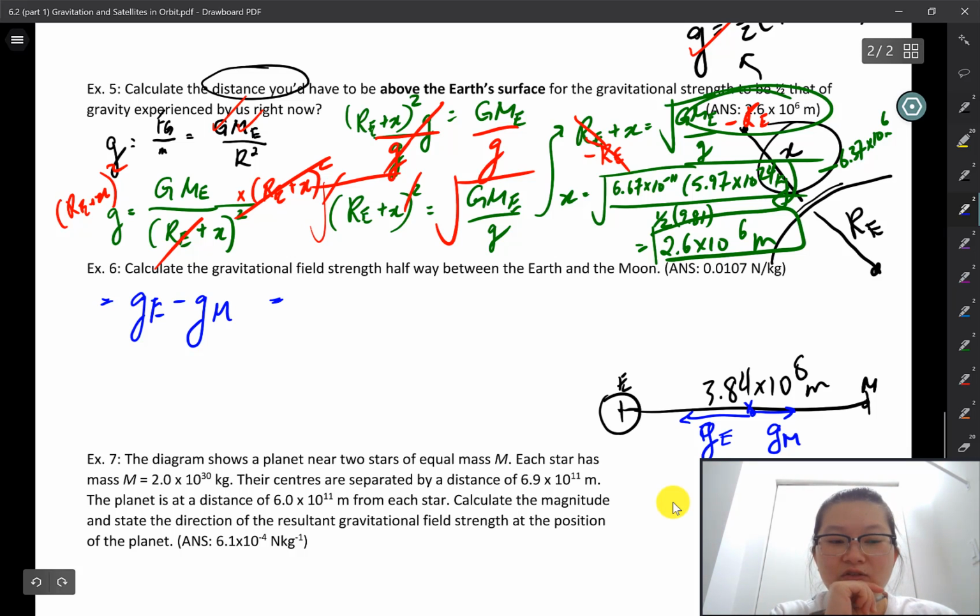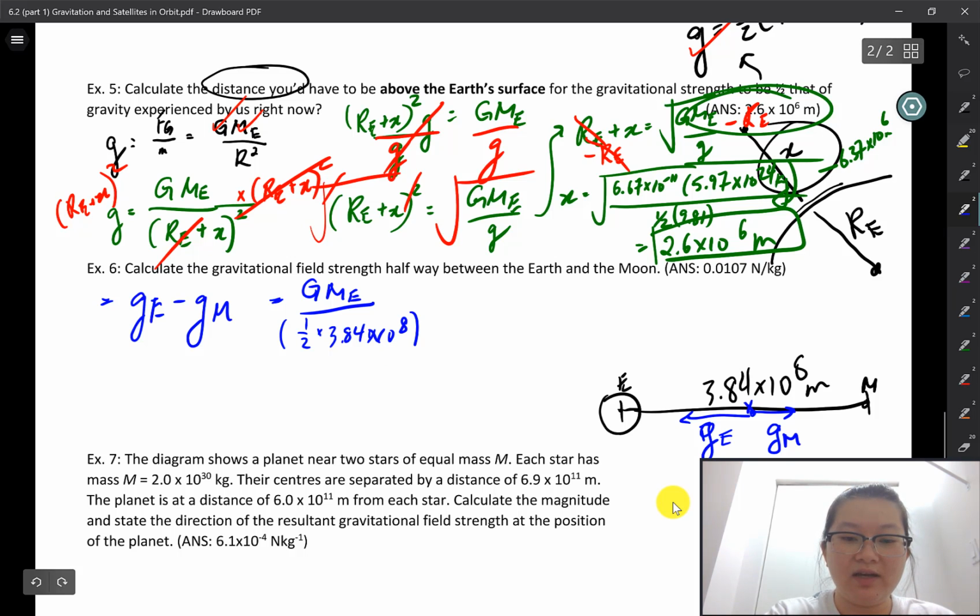In which the gravitational field experienced due to the Earth is going to be big G times mass of the Earth, and the radius over here is going to be exactly half of 3.84 times 10 to the power of 8. So I'm going to do in brackets, one half of 3.84 times 10 to the power of 8.